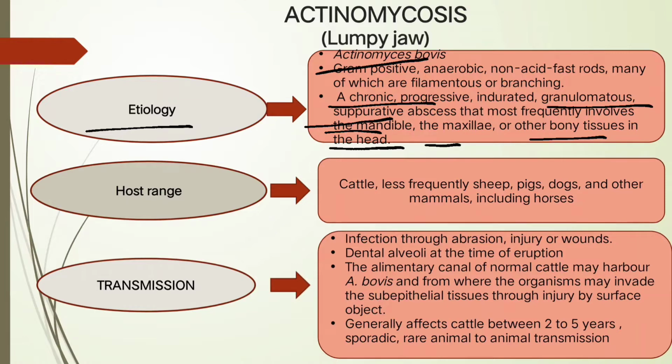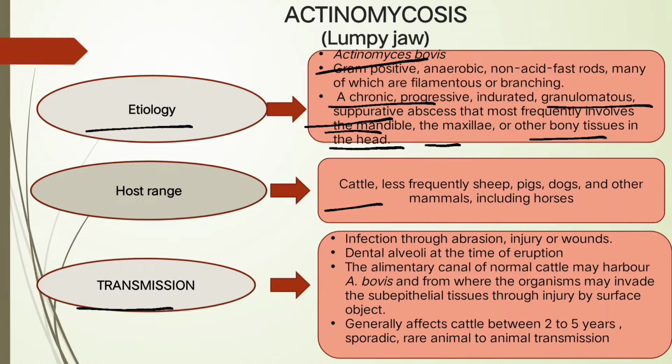When it comes to host range, cattle are mainly susceptible and it is less frequently seen in other animals. It is transmitted through any abrasions, injuries or wounds on the mucous membrane or the skin. Through these abrasions, the organisms enter the body and start the disease process.